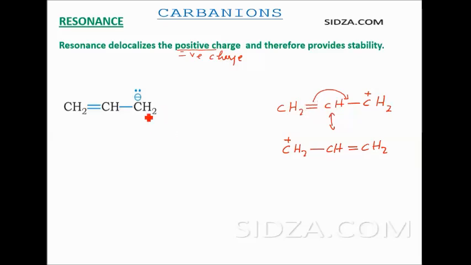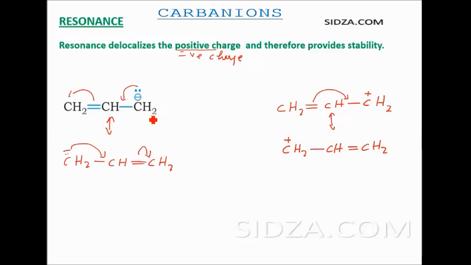Whereas in the carbanion, in this example, the electron pair, the pi bond, will move away from the carbanion, and you get a double bond over here. The next resonating structure will be CH2 with the negative charge here, then a single bond CH, then a double bond, and then it goes back here, and you get the first one back.